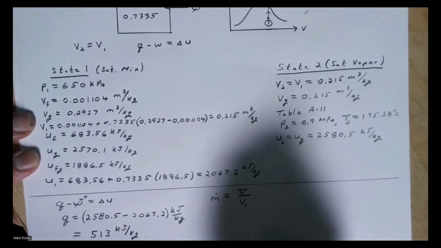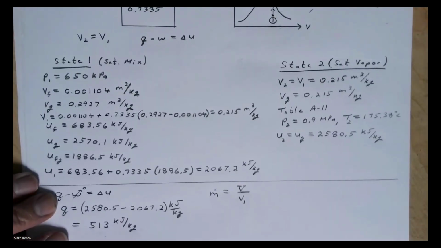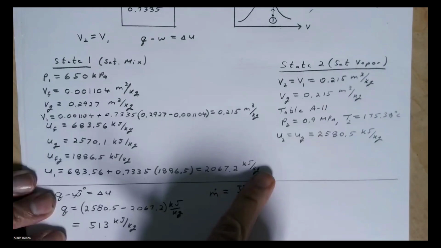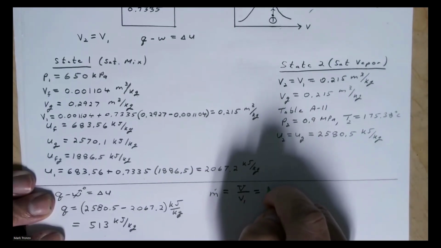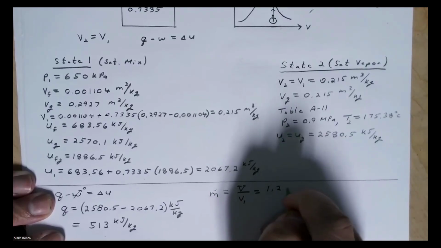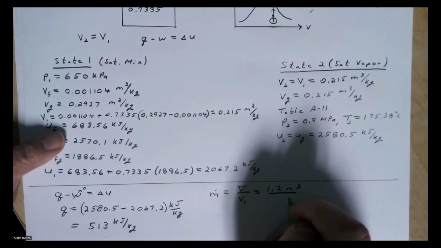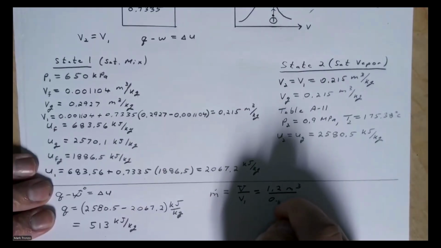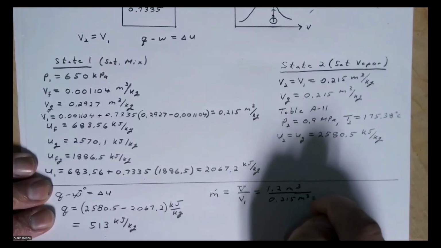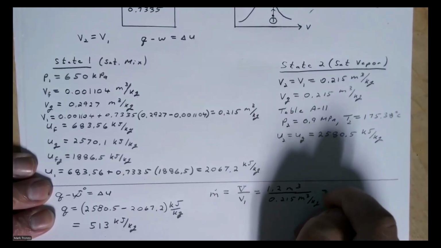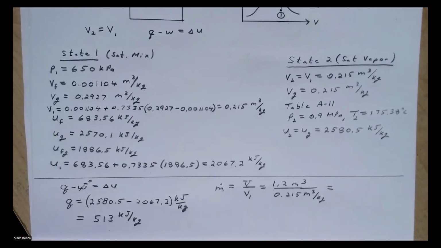I'll put V1, but it's actually not changing. Remember, V1 and V2 were exactly the same. And so this is going to be 1.2 meters cubed divided by our V1, which is 0.215 meters cubed per kilogram, like this.